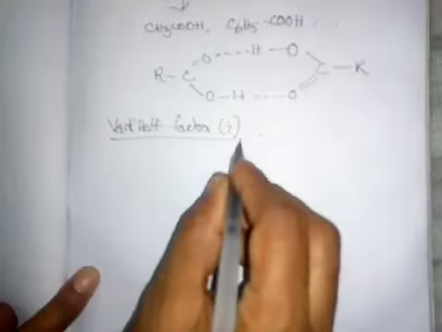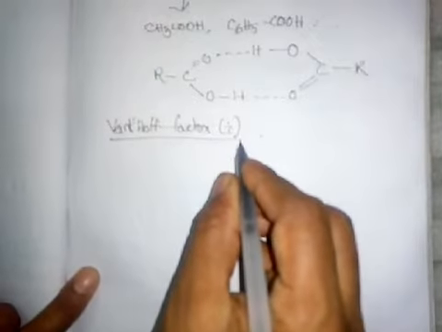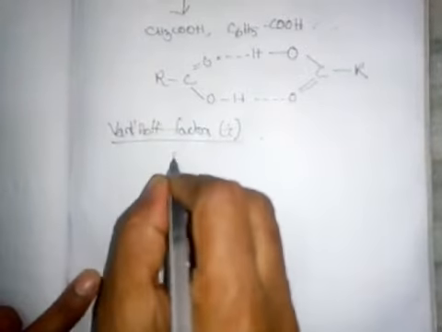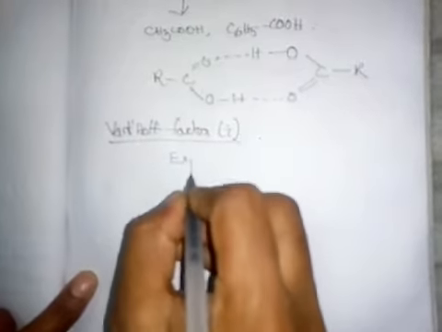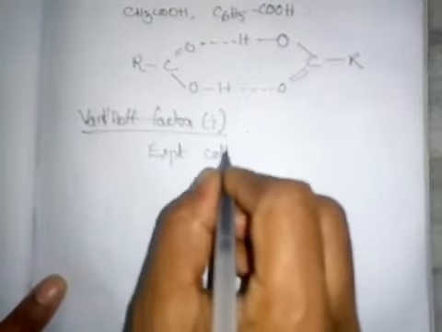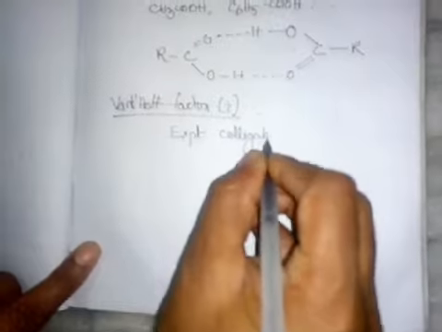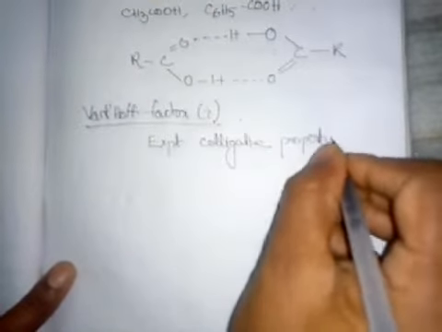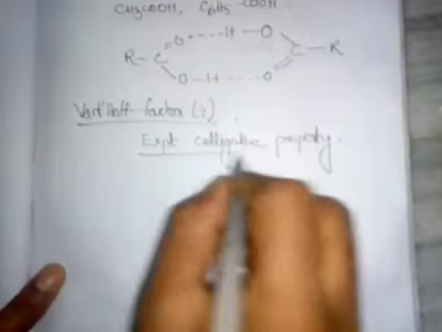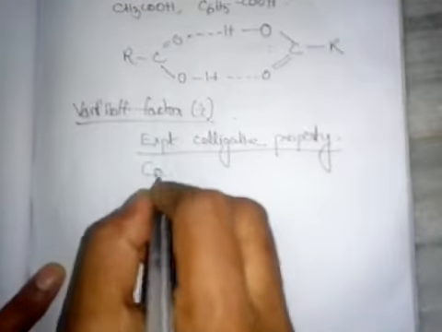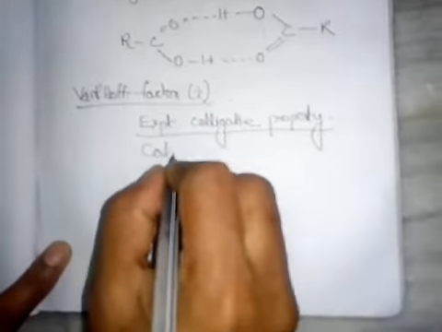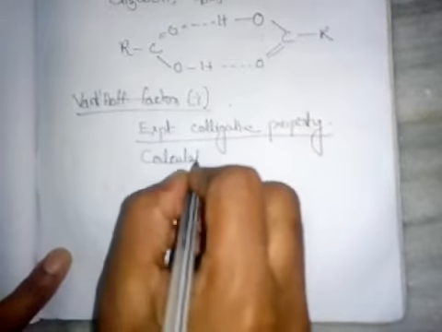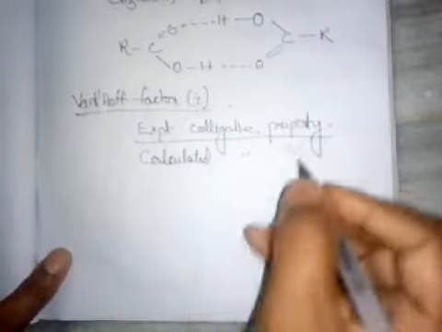It is defined as the ratio of the experimental value of the colligative property to the calculated value of colligative property.